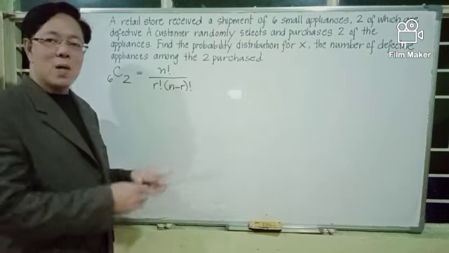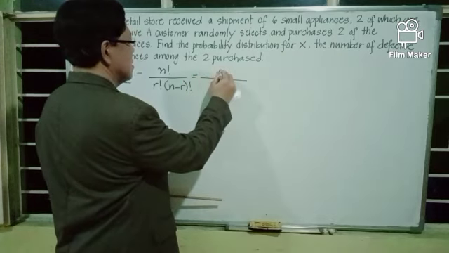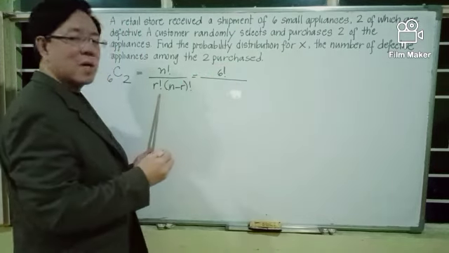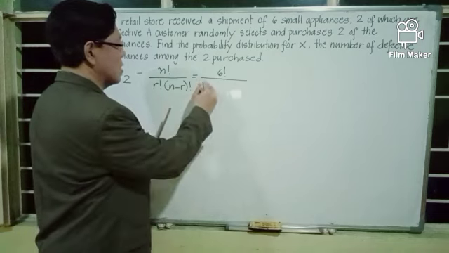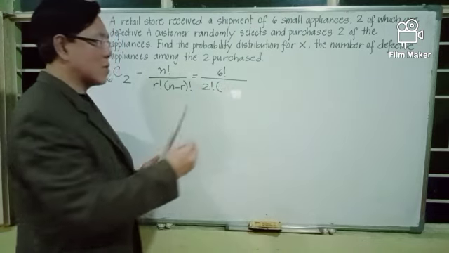And this is now equal to 6 factorial divided by 2 factorial times quantity 6 minus 2 factorial.